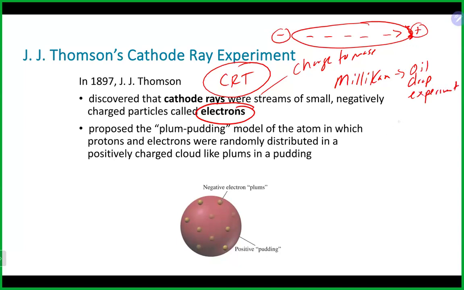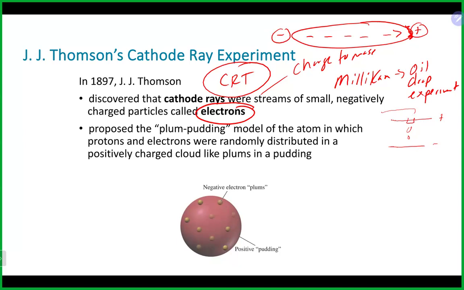And what he did is, again, he took advantage of an electrical field. He shot in some oil droplets through a little hole, and the oil droplets would start to drop just by gravity. He was able to adjust the electrical field in such a way that the oil droplets would just be suspended there.